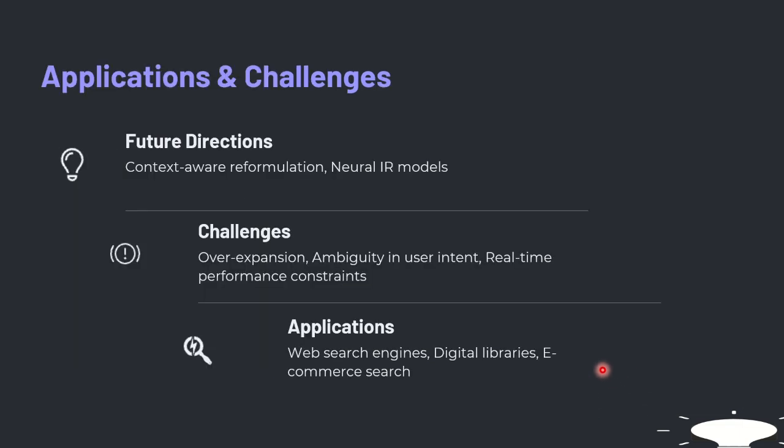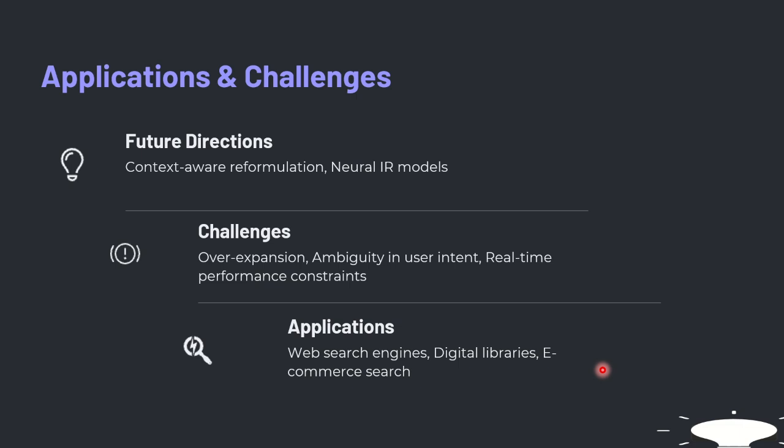So here comes the last PPT, applications and challenges. If we think of where all of these things are going to be used, it's pretty clear that the very first place is web search engines like Google and Microsoft Bing. Nowadays we have the Brave search engine, which is quite popular among youngsters.